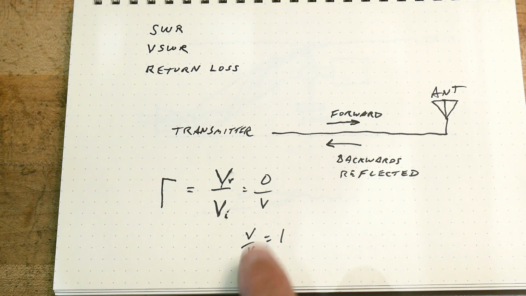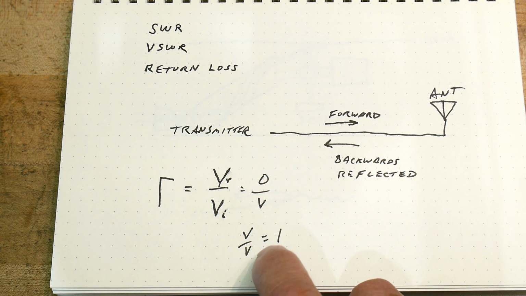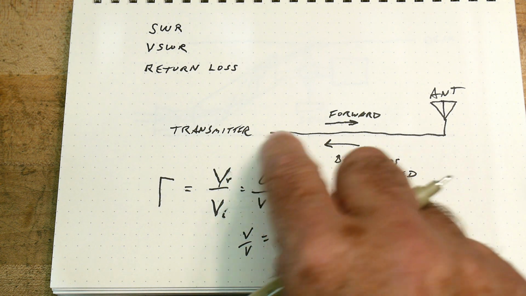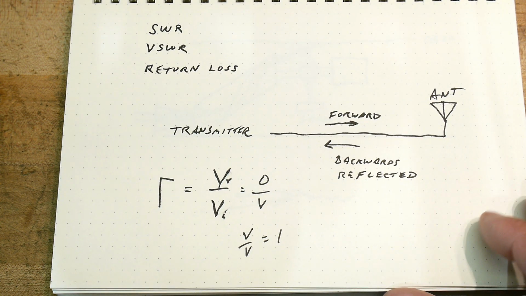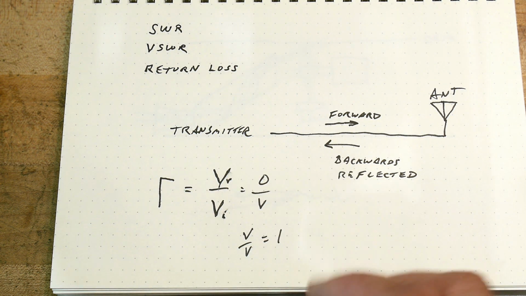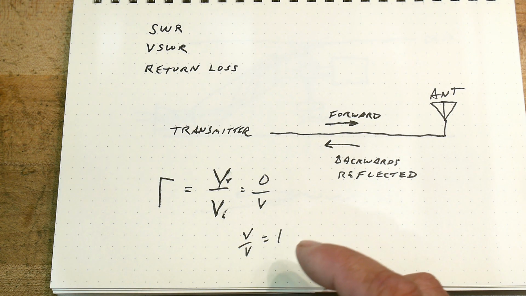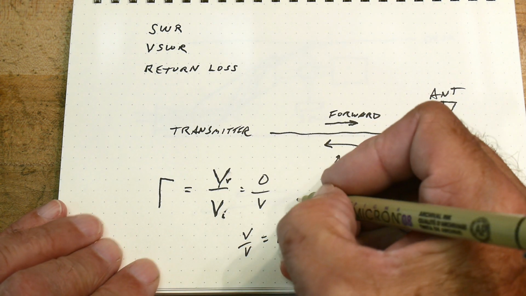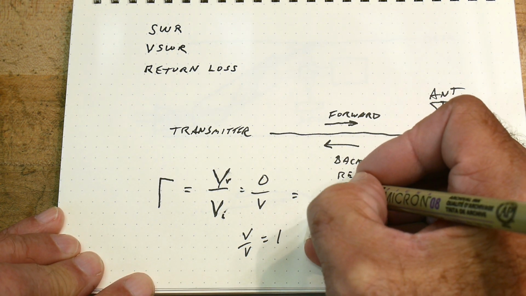Okay, so that's the worst case is 1. So the best case is 0, the worst case is 1. And there's also a concept of opens. An open also reflects the entire wave back, okay? And so a short can give you a 1, or an open can give you a 1. And how do you separate those two? Well, gamma is actually a complex number, okay? So unfortunately, we have complex numbers.